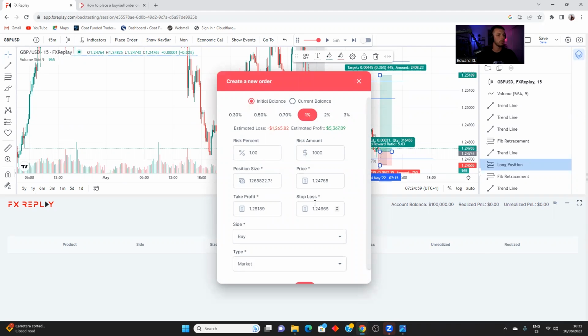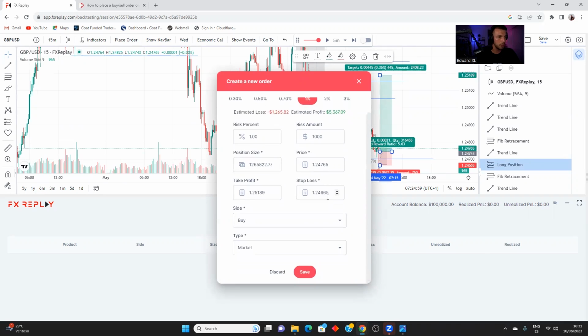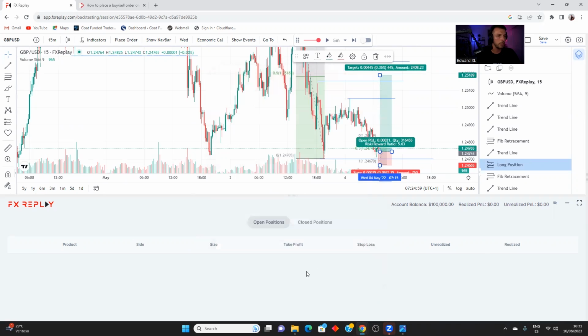Amazing. I'm not sure what just happened, but amazing, perfect. So risk percent, 1% risk. Total amount, estimated loss, probably, maybe because of fees, I'm not sure. But anyway, price, perfect. Stop loss, perfect. Price is a little bit in profit, but let's make it happen anyway. Take profit 1.25, perfect, amazing. Save.